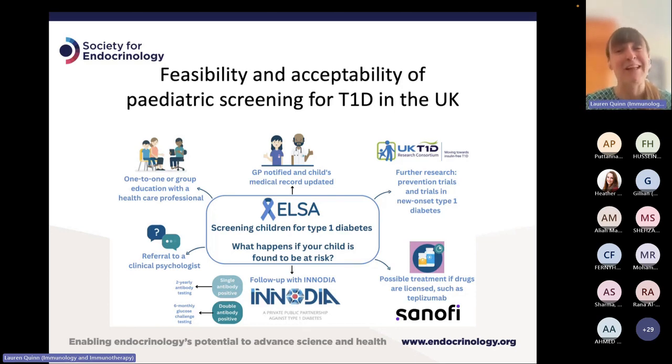We signpost the family to other research studies, so immunopreventative trials. We let the families know about this immunopreventative treatment in the US that we're waiting on a decision on, and let them know if it does become available in the UK, as ELSA families will let you know where it's available. And then also, of course, the follow-up and any psychology support.